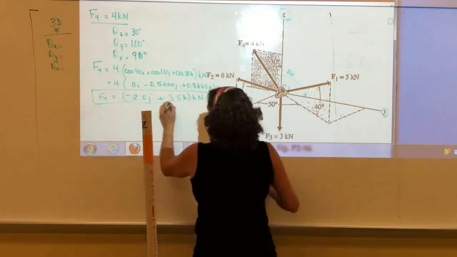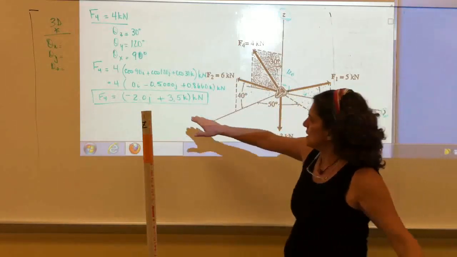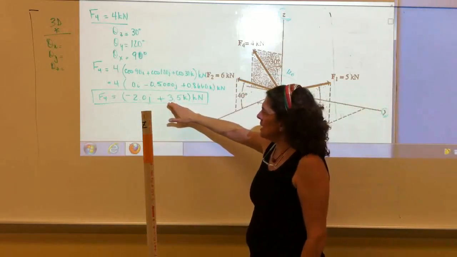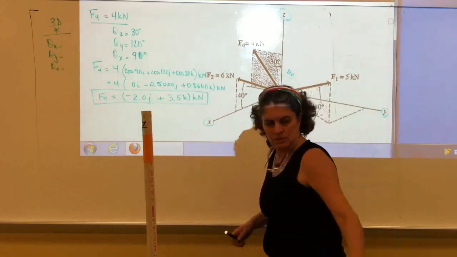How did we represent this? We represented it in vector form. What's the other way? Magnitude and direction angle. So let's write that.